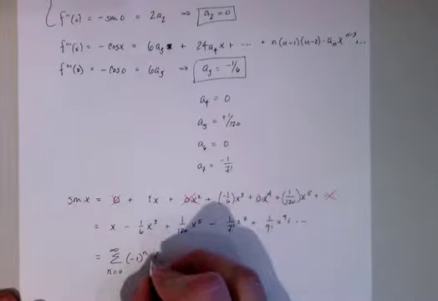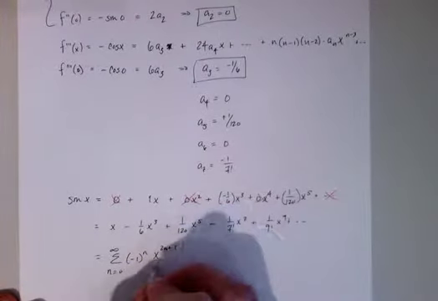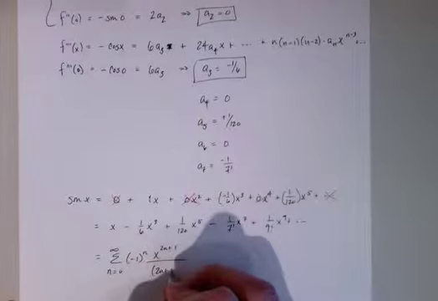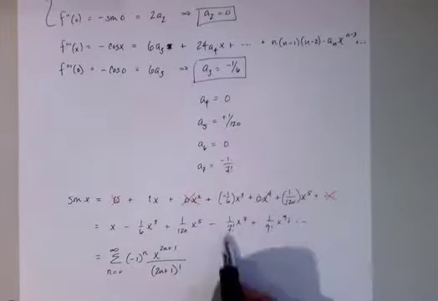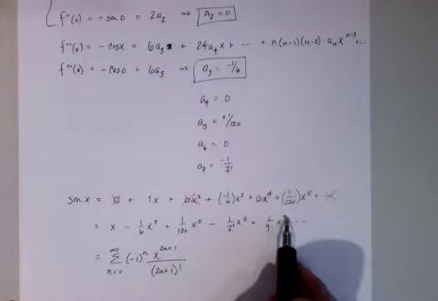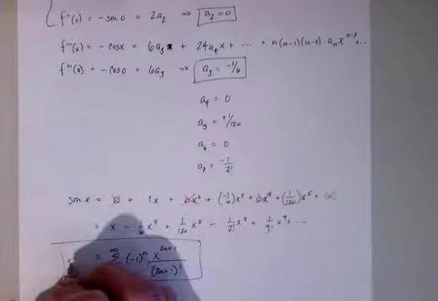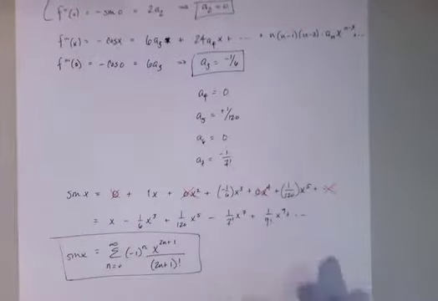So you get x to the 2n plus 1, and of course that denominator needs to be that same number factorial, right? X to the 7th with 7 factorial in the denominator. X to the 9th with 9 factorial in the denominator. My friends, you have just found the power series that is associated with sine x.